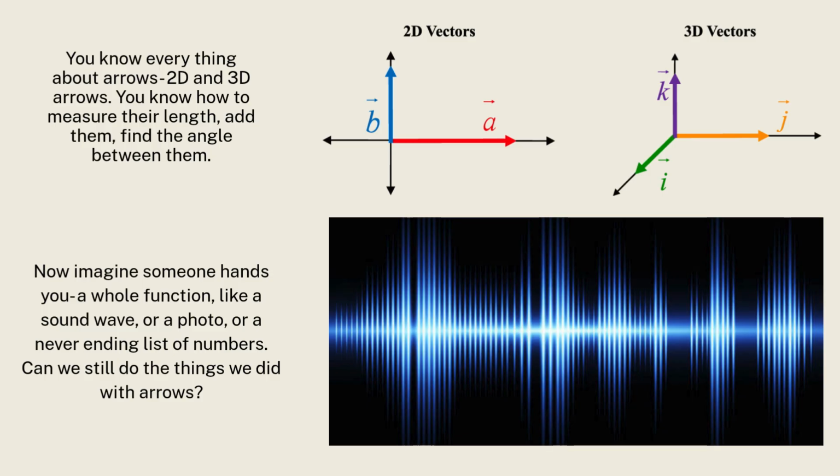For example, the sine function, sin x, it consists of infinite dimensions or a never ending list of numbers, that is a sequence. Now, the question is, can we still do the things we did with arrows? That is, can we still do arithmetic with functions? For example, can we add two functions? Can we find the angle between them?